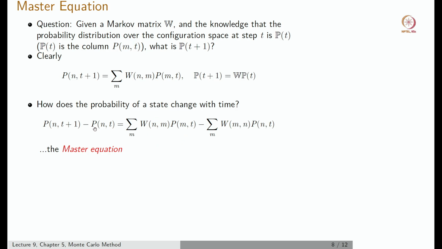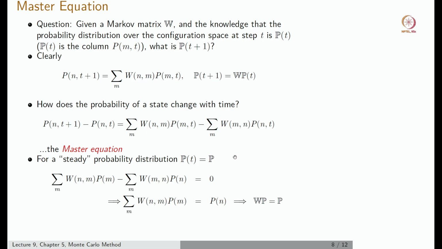What I am going to do is take this P_n(t), think that there is a coefficient 1 here, and remember the sum over all m of W_mn is 1. So, I will end up getting this very nice result. And what I am getting is that this statement here, P_n(t+1) minus P_n(t), is this result. This equation is called the master equation.